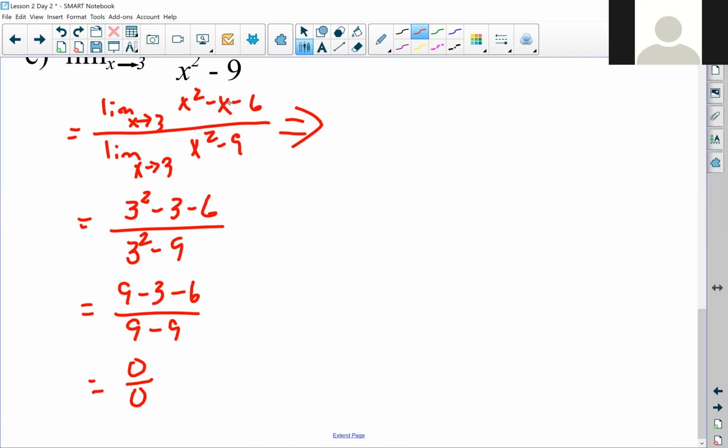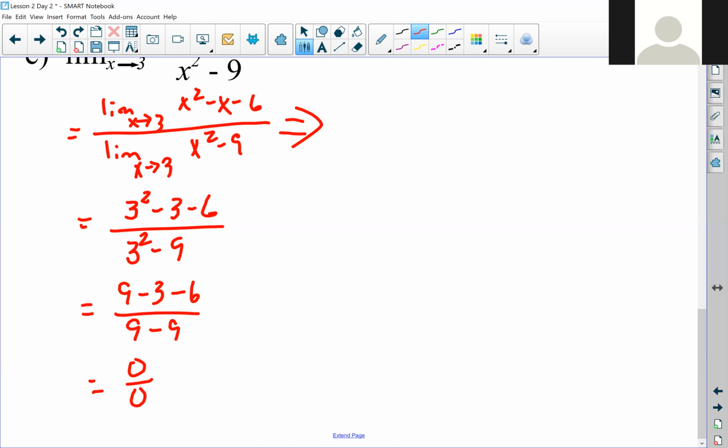And the work we're going to do is going to be either factoring. If we had fractions, we'd maybe try to find a common denominator and combine some things. If it was a root, we might multiply by the conjugate. So all kinds of things that we can do.